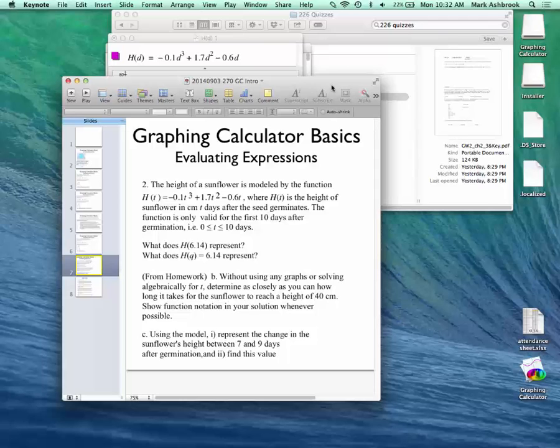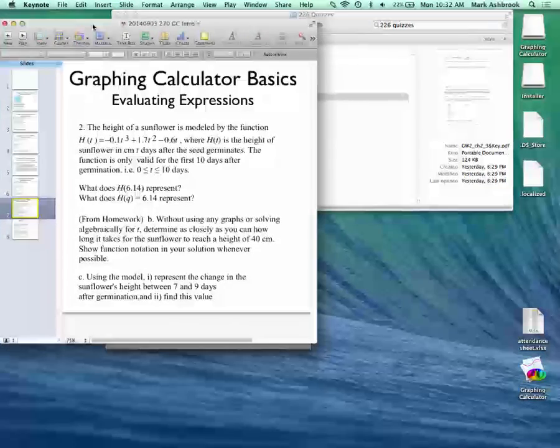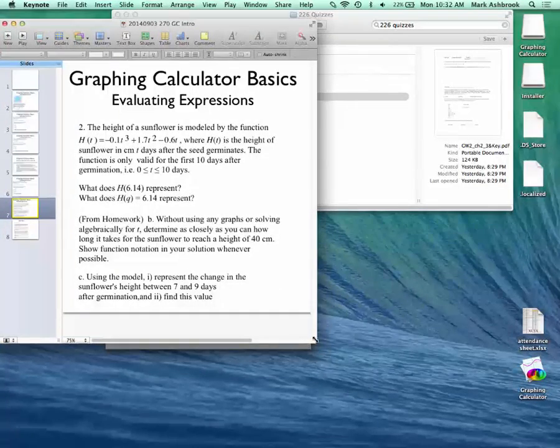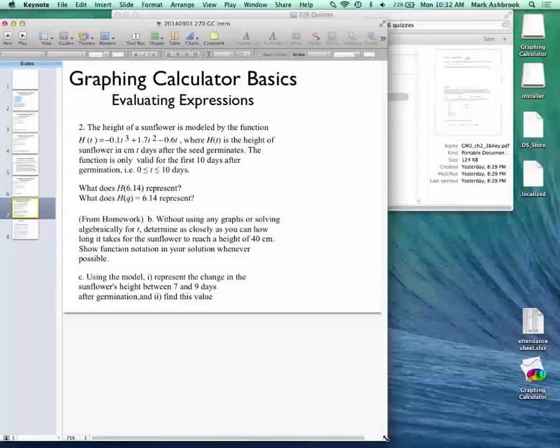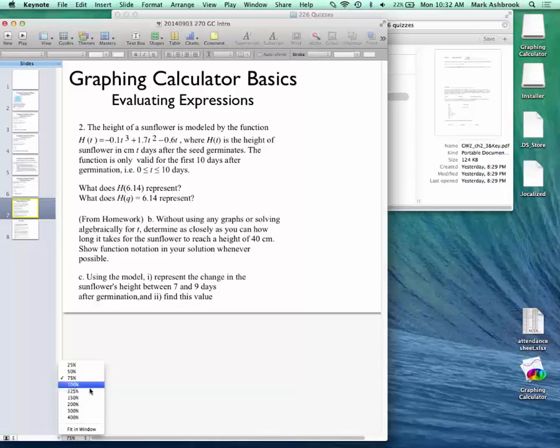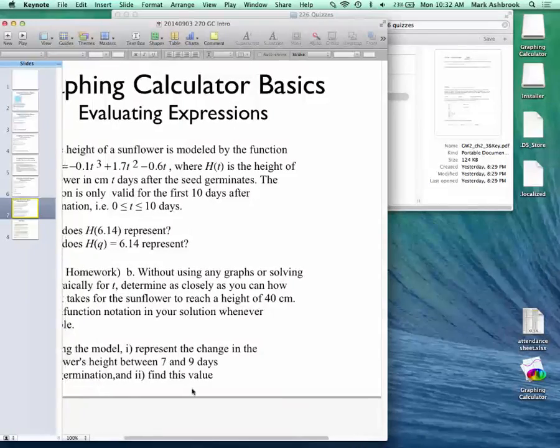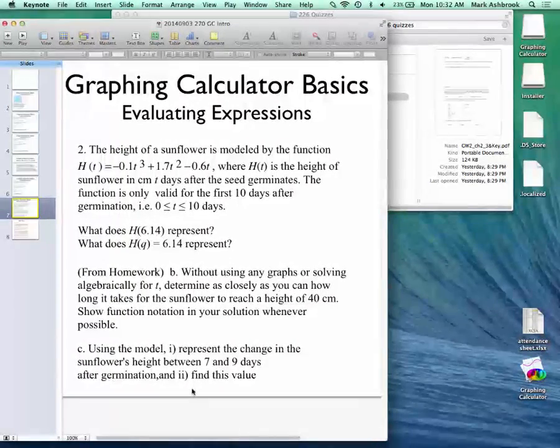But we're going to start with this example. Back from Module 1, Section 3, you've done Section 3 previously. Is that correct? Do you remember this problem with the sunflower? Yes. All right, so we're going to talk about this sunflower problem and then expand on it.